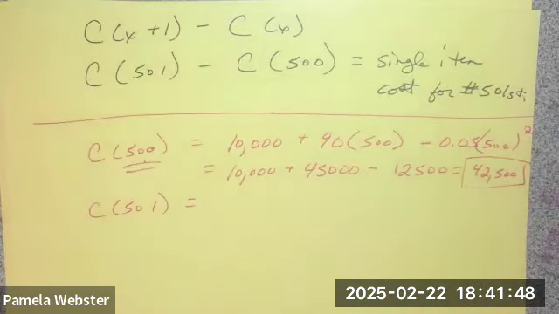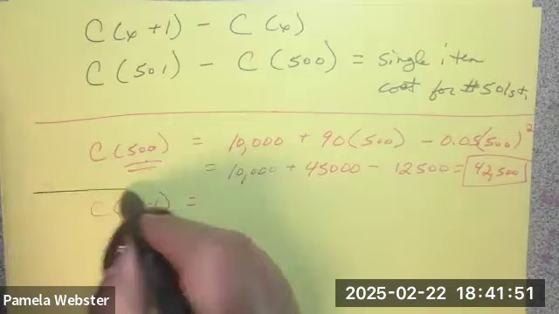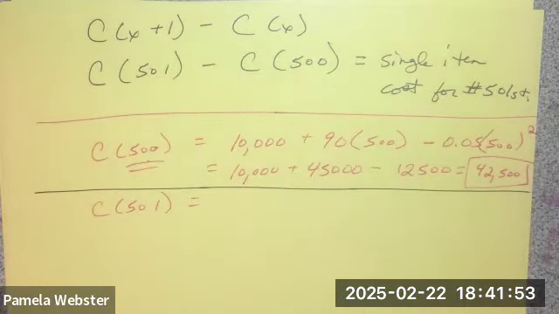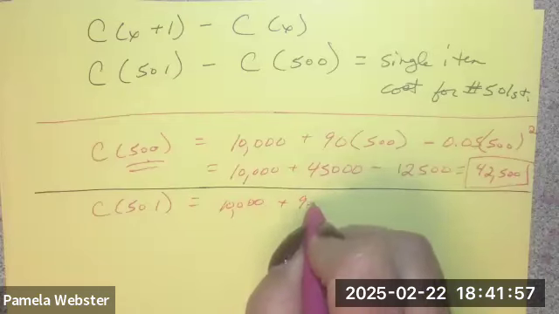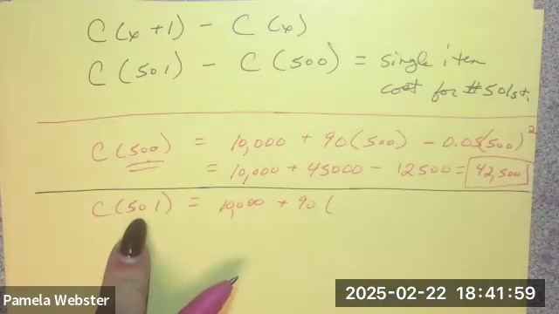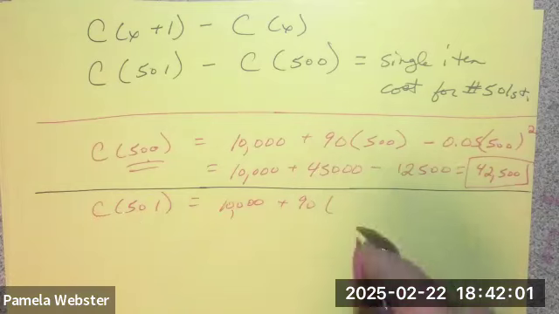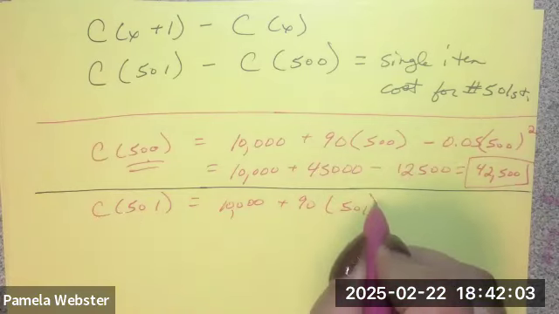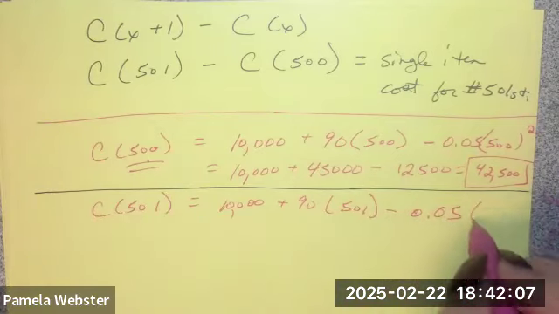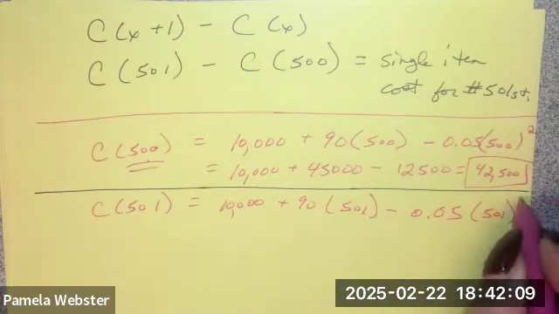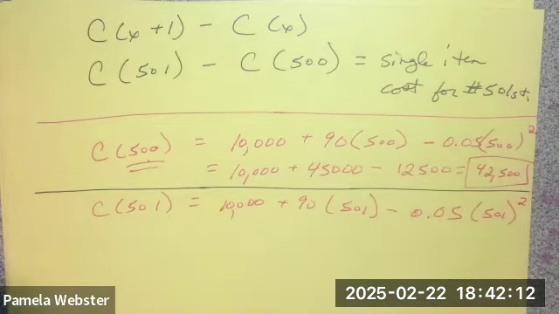Okay. Now this next one is the same thing, 10,000 plus 90 times, but I'm looking for the 501st guy, right? So I'm going to plug in 501 for x, minus 0.05 times 501 squared. Again, be careful how you're plugging in here.